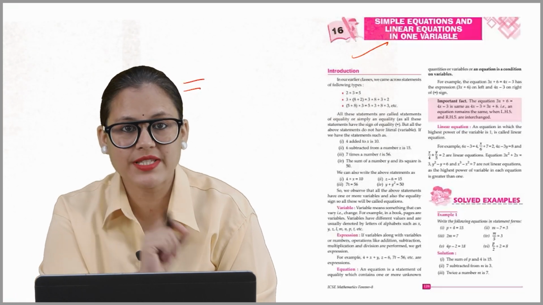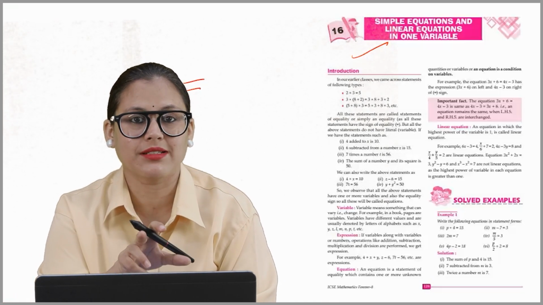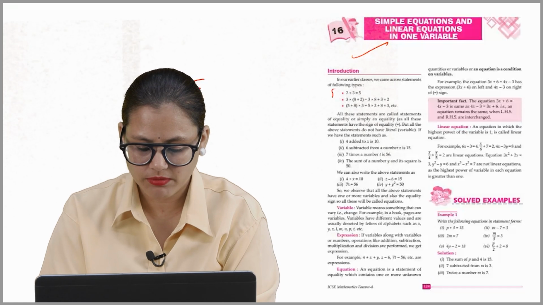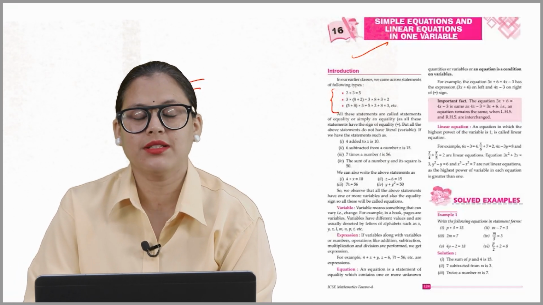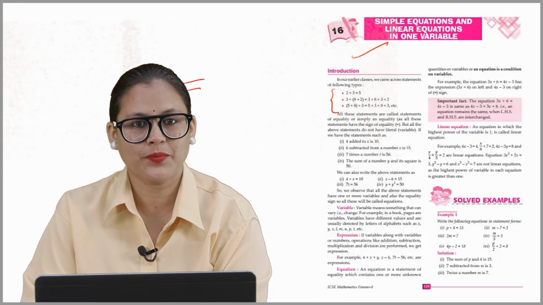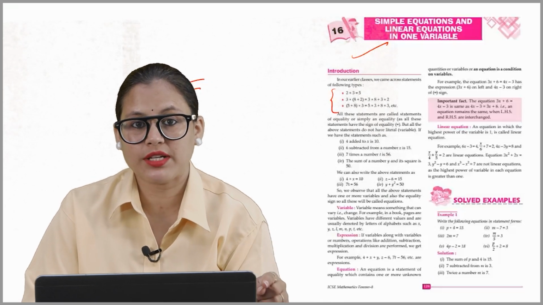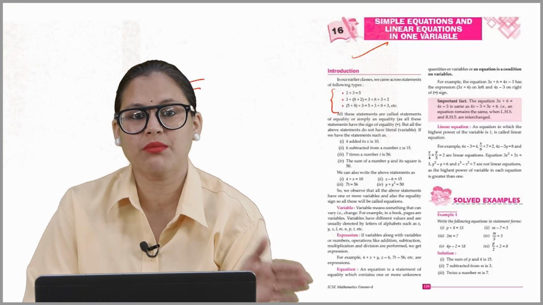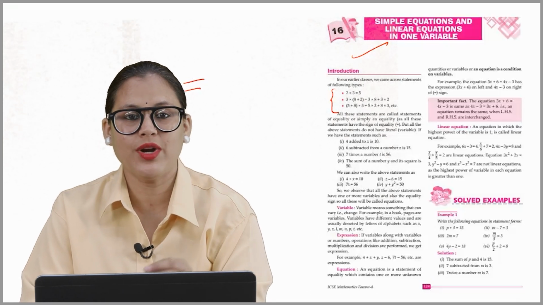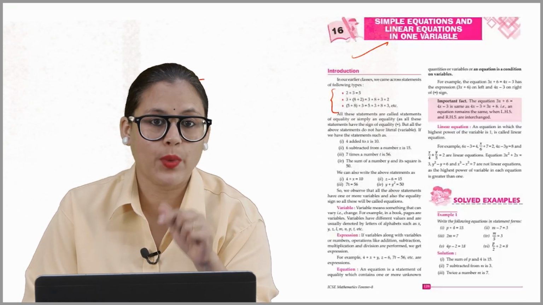But all the above statements do not have a literal, that is, as you can see, no variable is here. So if we have statements such as: 1, 4 added to x is 10; 2, 6 subtracted from a number z is 15; 3, 7 times a number t is 56; and 4, the sum of a number y and its square is 50.